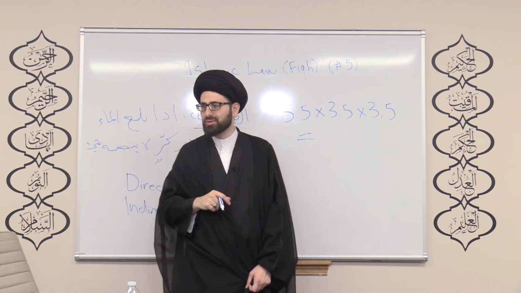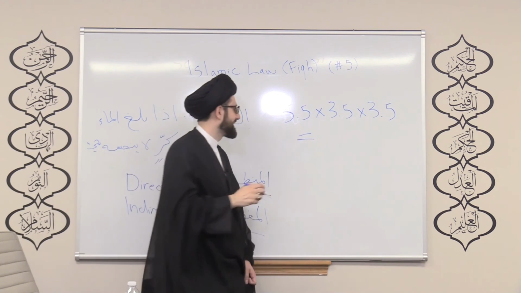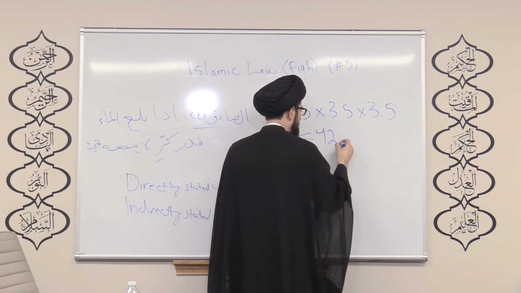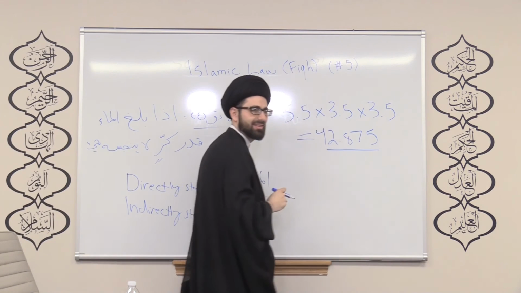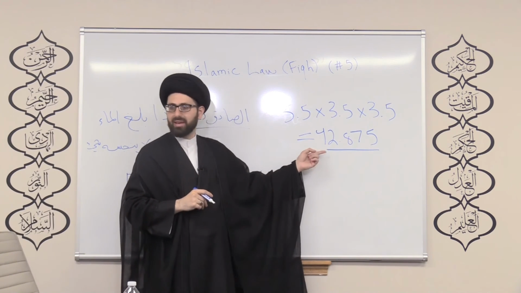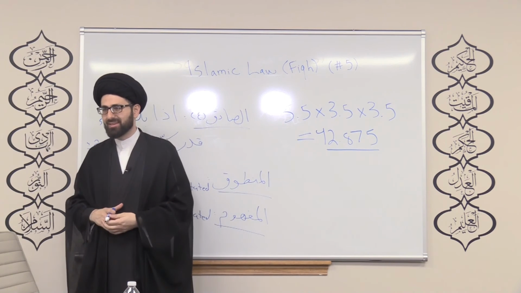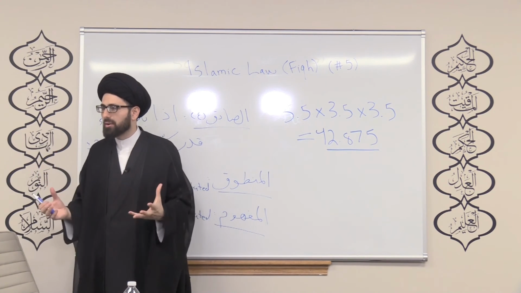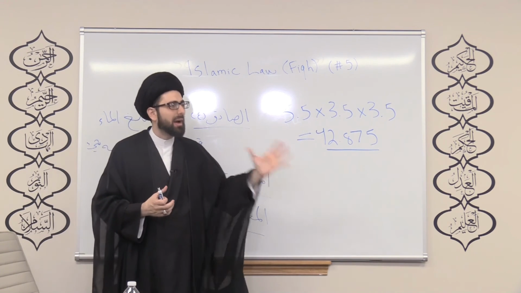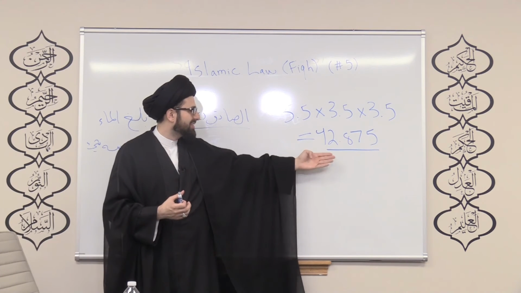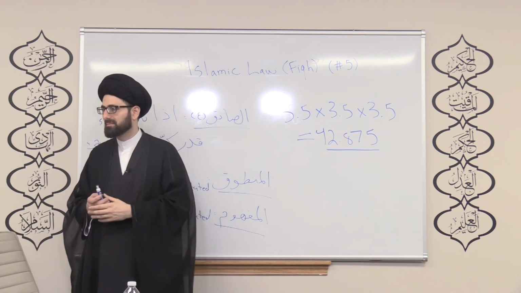Can someone do the math for us? 42.875. Whenever you have water of this volume, 3.5 by 3.5 by 3.5, if it's a total of 42.875 or more, that is a Korr.